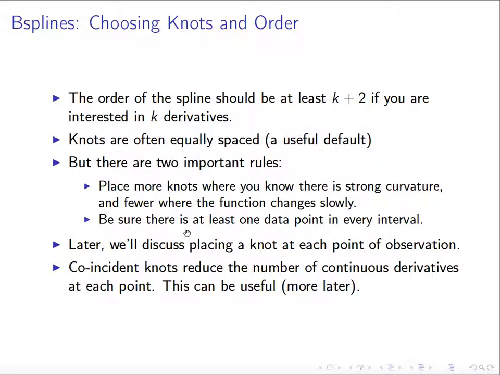For example, for cubic B-splines, the second derivative is continuous, right? But if you put 2 nodes in the same location, then at that location the second derivative will become discontinuous. If you put 3 nodes at the same location, then the first derivative will become discontinuous.